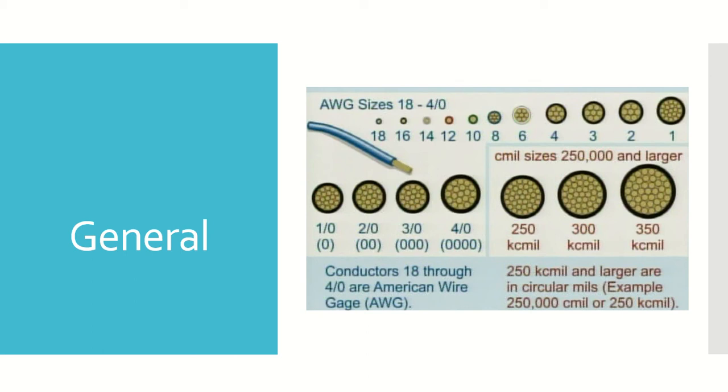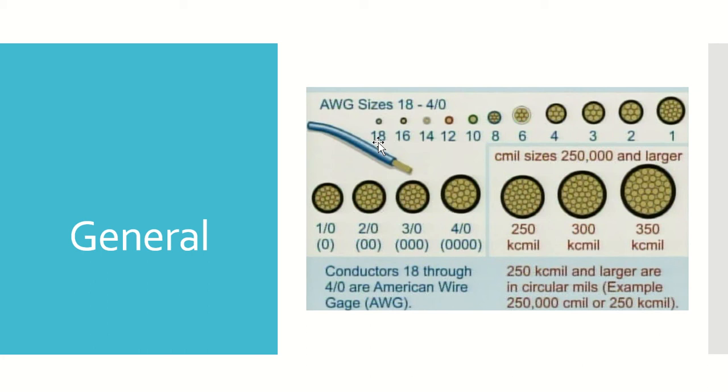The first thing I wanted to point out was the different sizes of conductors that we deal with. Typically 18's the smallest. A lot of times we're not using 18's because that's really small and cannot handle a whole lot of current. So normal house wiring we'll see anywhere from 10 to 14 gauge.